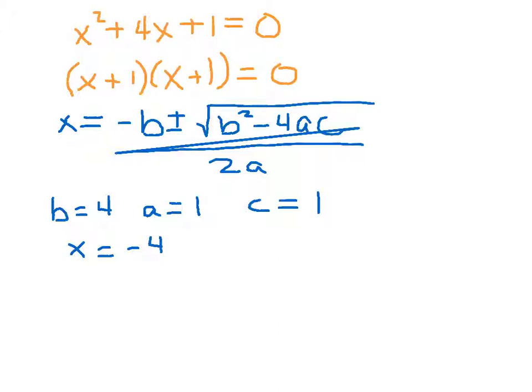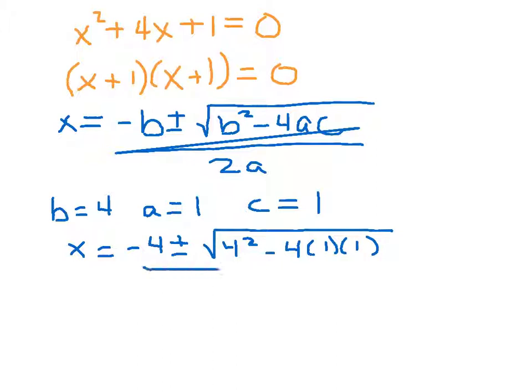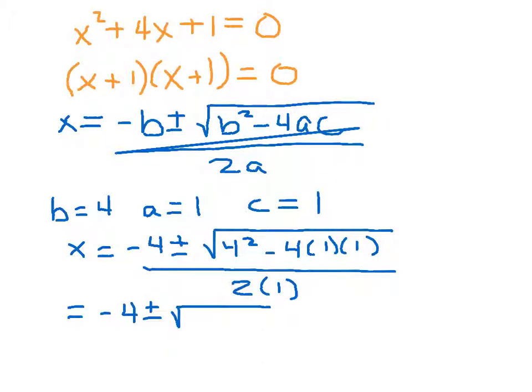I get x is equal to negative 4 plus or minus the square root of 4 squared minus 4 times 1 times 1, all over 2 times 1, and that's going to give me negative 4 plus or minus the square root of 16 minus 4, which is 12, over 2.